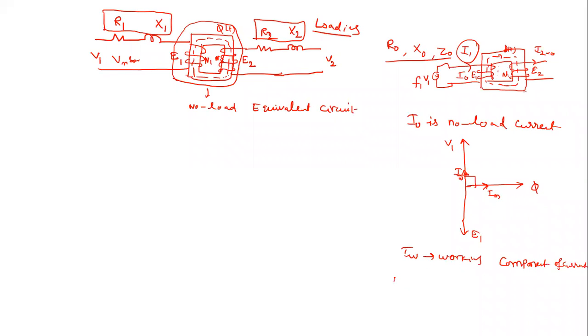And Im is the magnetizing component of current. The sum of these two vectors produces the no load current I0 of the transformer. It is a straight line.